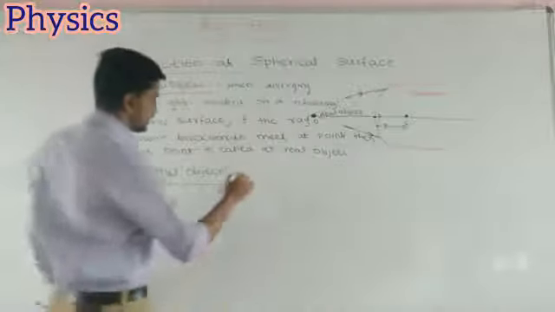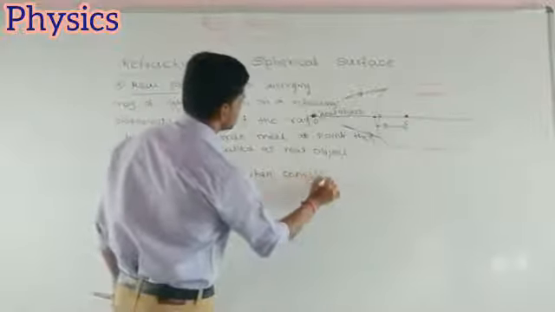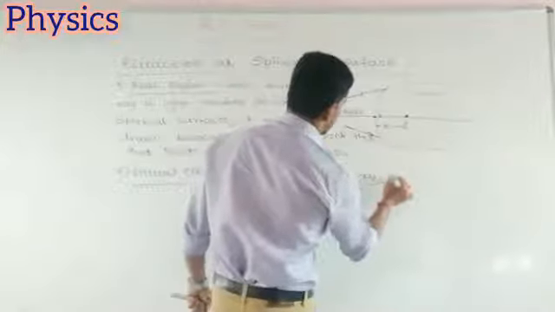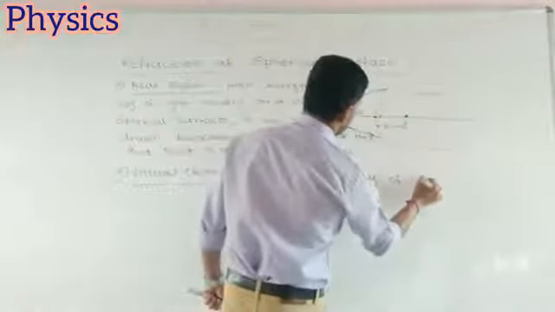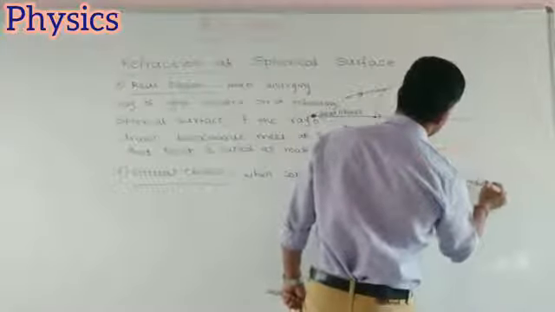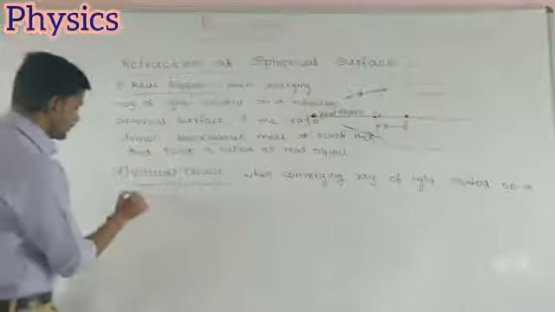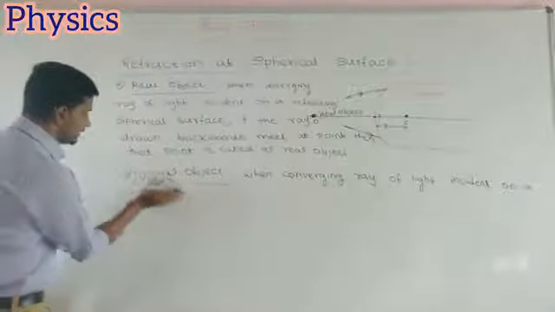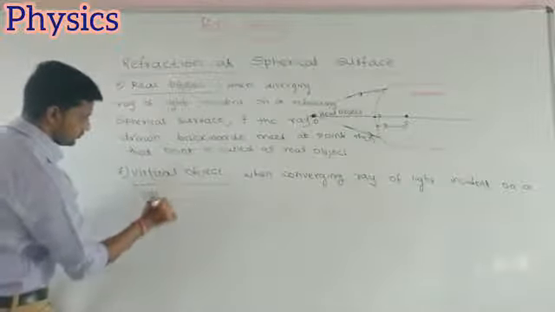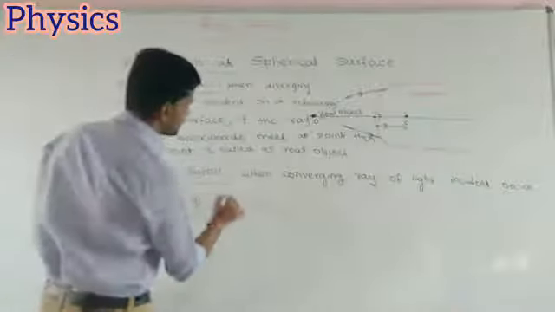Virtual object is nothing but when a converging ray of light is incident on a spherical refracting surface.